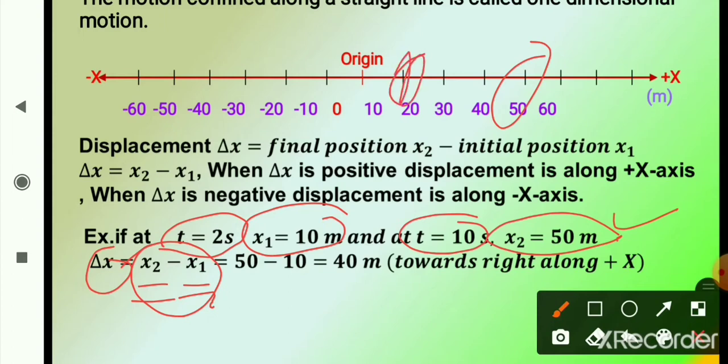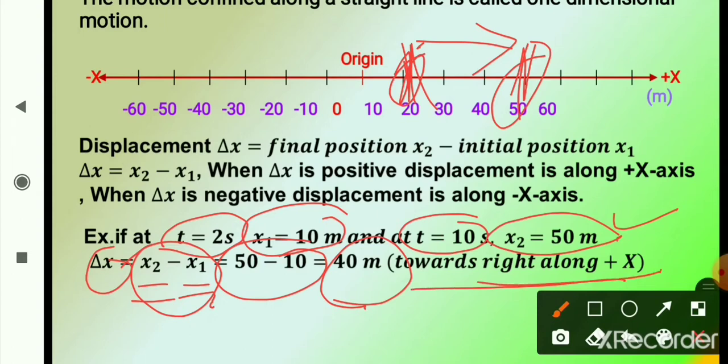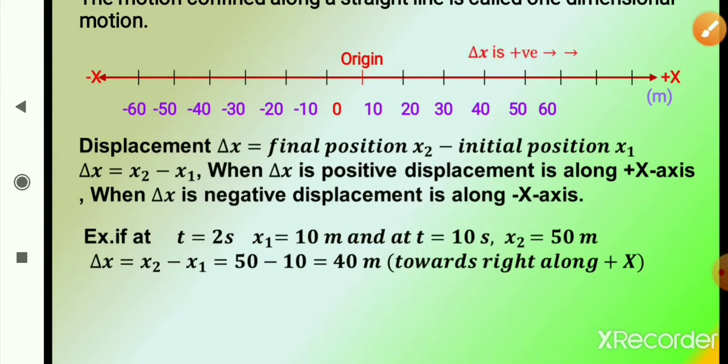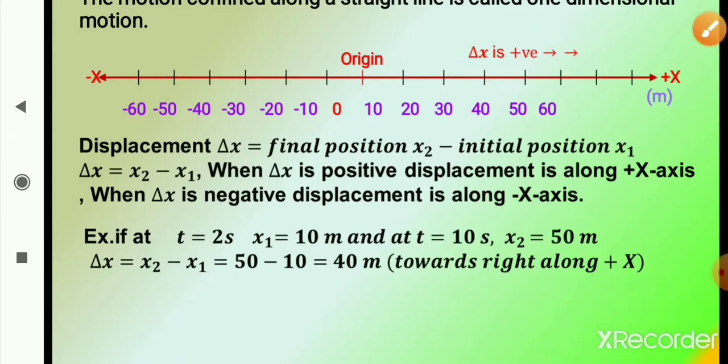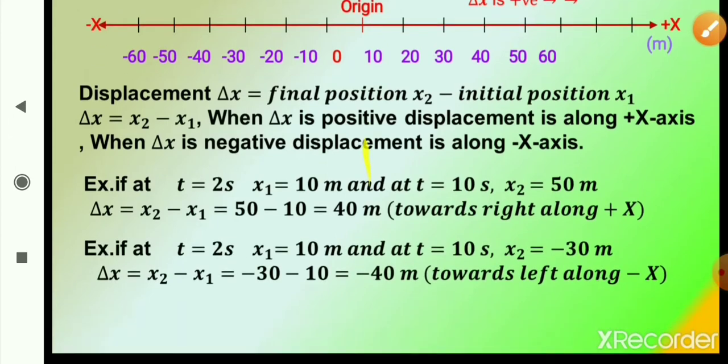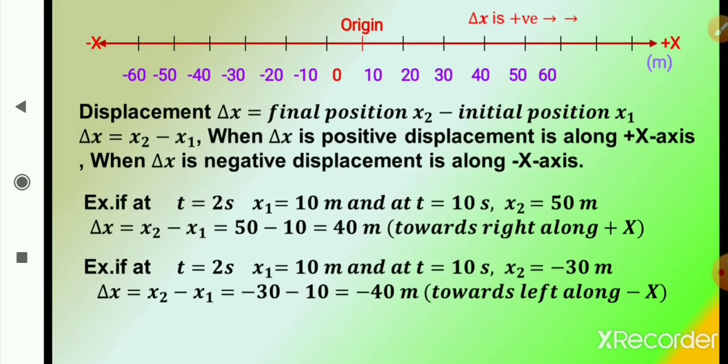So displacement यहाँ से 10 meter से 50 meter की तरफ इधर हो रहा है displacement. It has to be positive. और 50 minus 10 is 40 meter. Positive है towards right side along plus x-axis as I have shown you. And see, delta x is positive along this direction. And now let me take one more example just to clarify it.